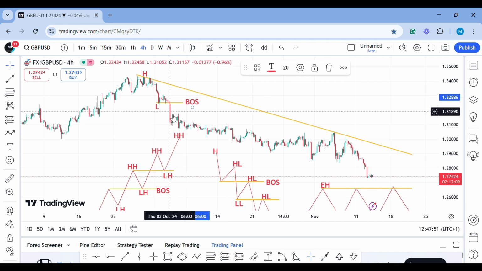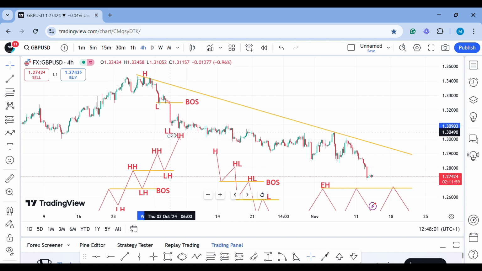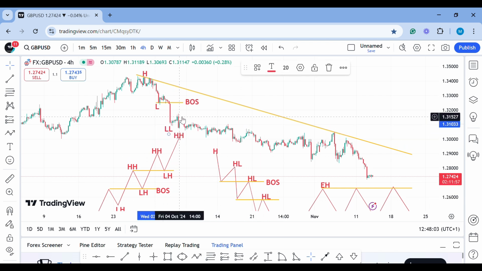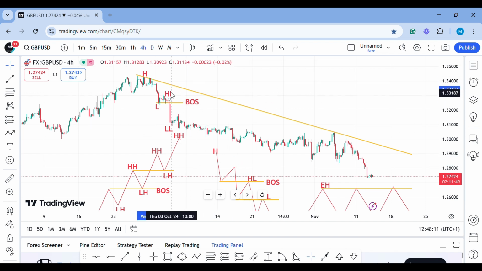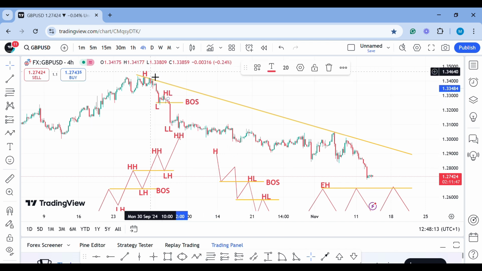The market came back to create this low and gave us correctional moves, which is a lower low, this lower low, then a correctional move that gives us a lower high. Remember, this is a lower high as well because this high is lower than this one.